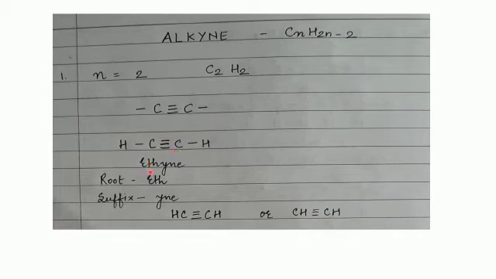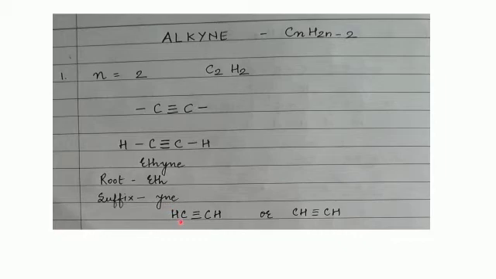We will use the root word eth, and instead of A and E we will write YNE, that is from alkyne, the last 3 letters YNE. So the suffix is YNE, which indicates that there is a triple bond between two carbon atoms.